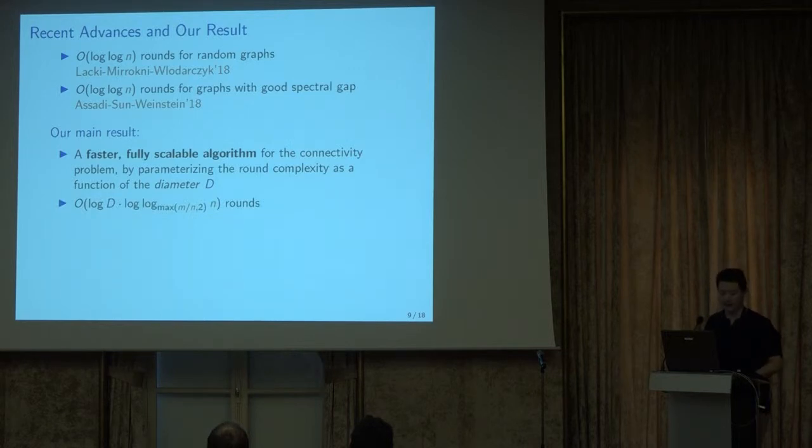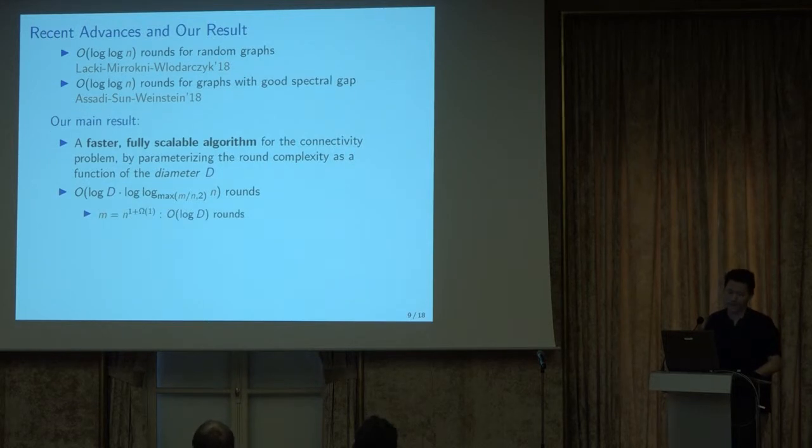Precisely, our algorithm takes log d times log n rounds, where the base of the second log is m over n. M is the total space, or just the number of edges, and n is the number of vertices you have. So if you have a dense graph, in this case you have more total space, n to the 1 plus some small constant, then it's just log d rounds.